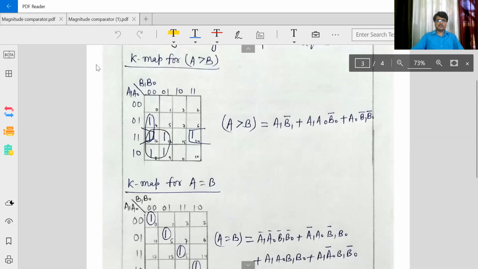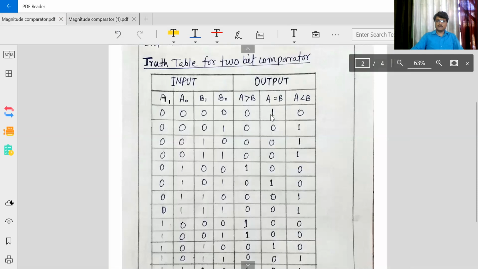Okay, so k map for a is greater than b. There are four inputs, a1 a0 b1 b0, so I make a k map 4 cross 4, and I filled this one with the help of this table. Okay, so a is greater than b.